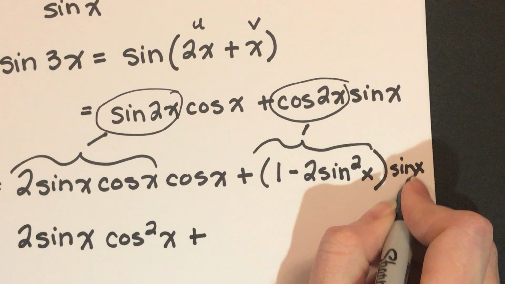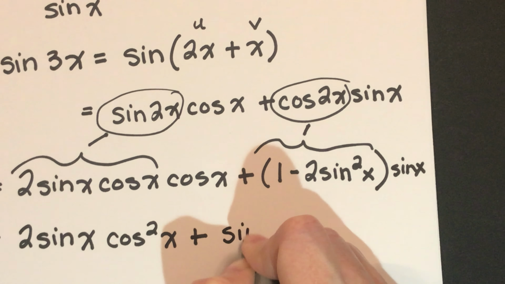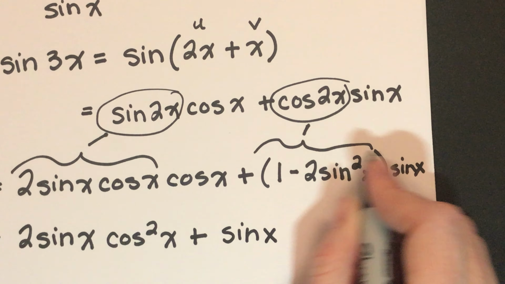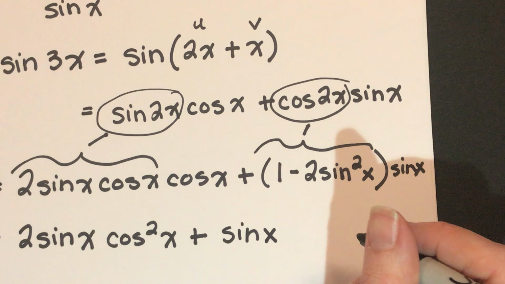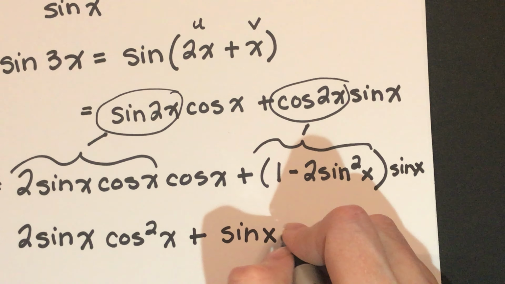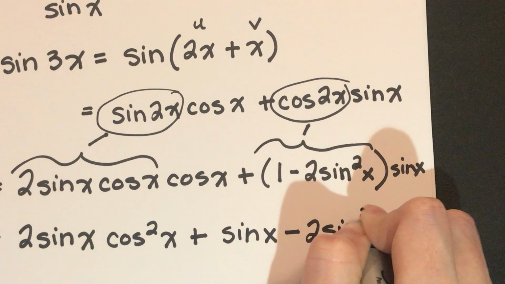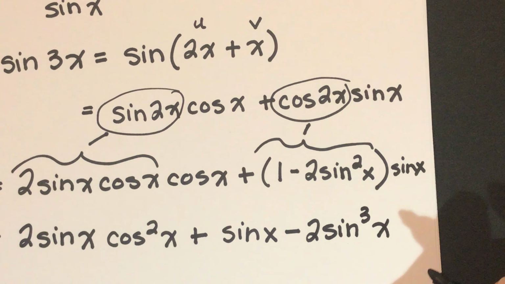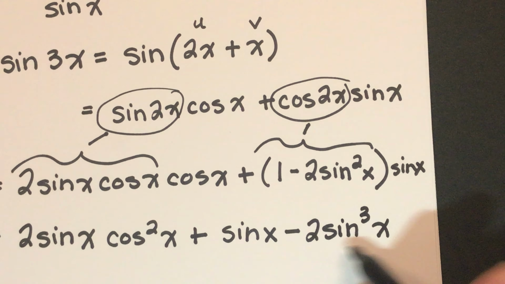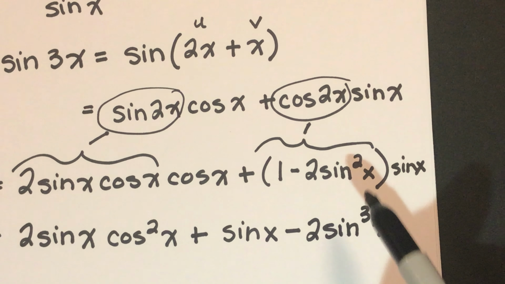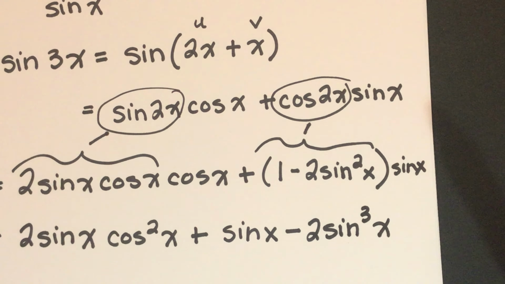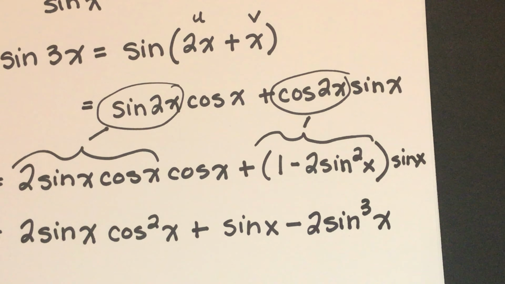We have sine x times 1 is sine x. Sine x times negative 2 sine squared x becomes negative 2 sine x to the third. I still don't know why we write it like that, but that's how we write it.